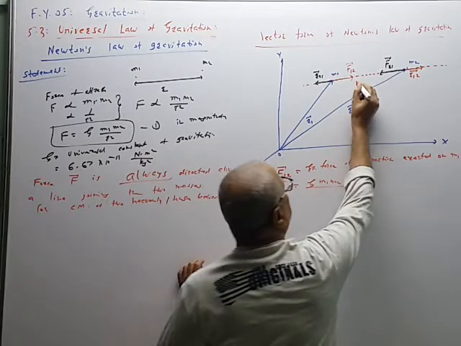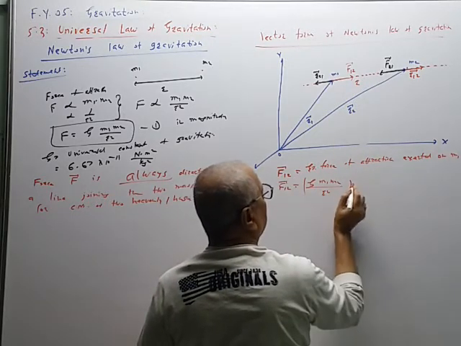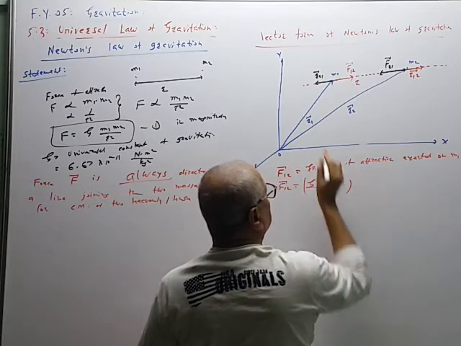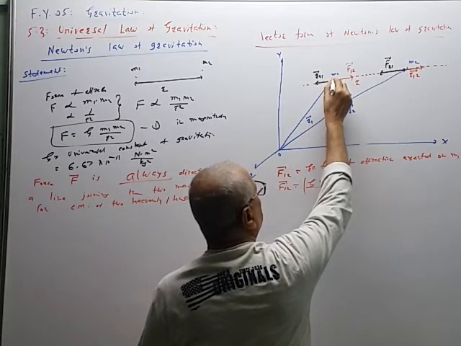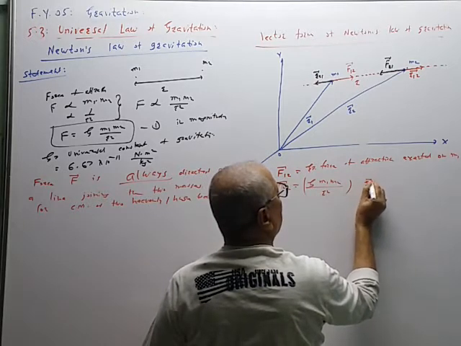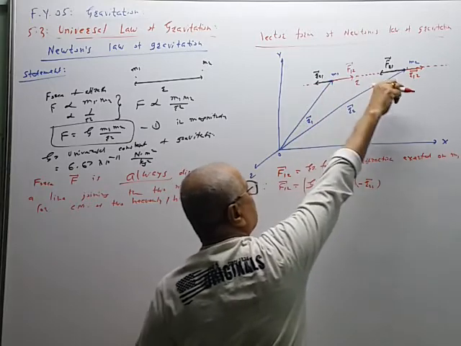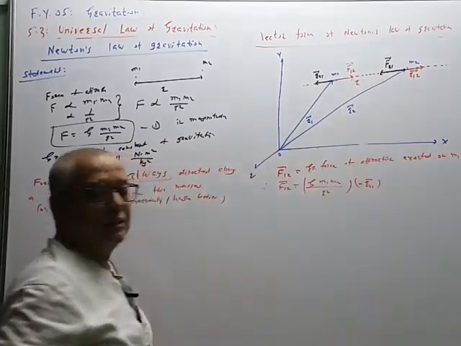The distance is denoted by r. So r square, this is the magnitude, and now this is the force exerted on m1. So if we consider the vector r21 on this side, then we have to add the minus sign, because the force is in one direction and r21 is in the other direction.